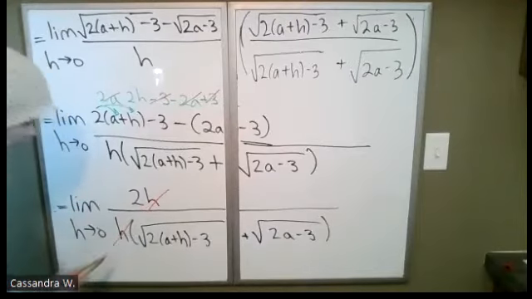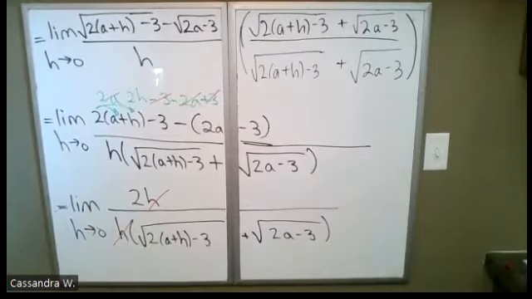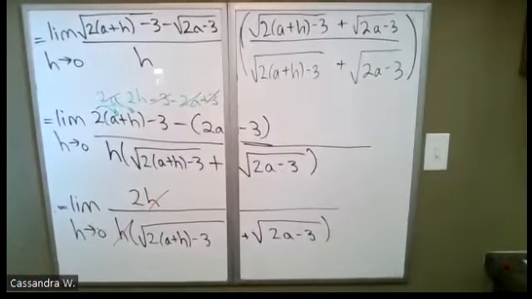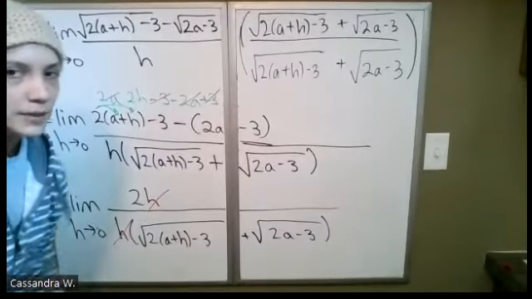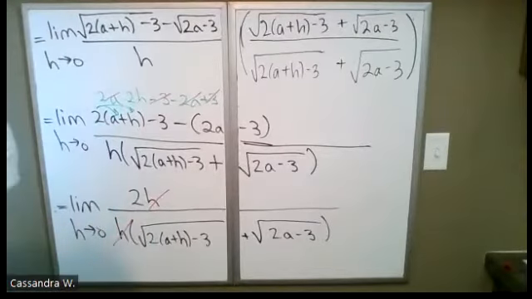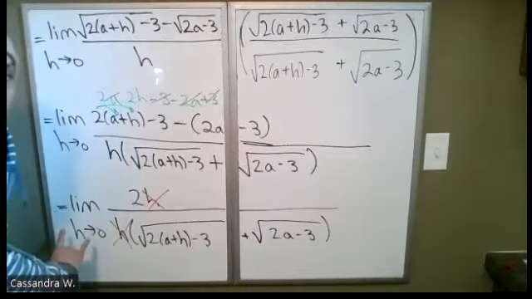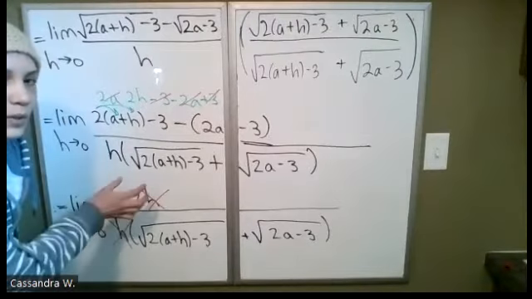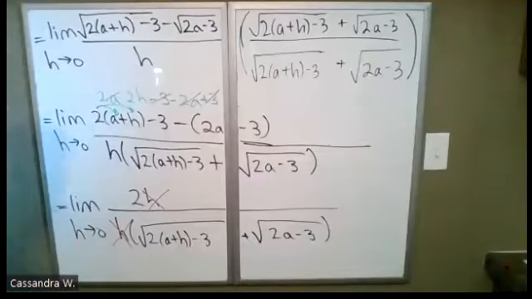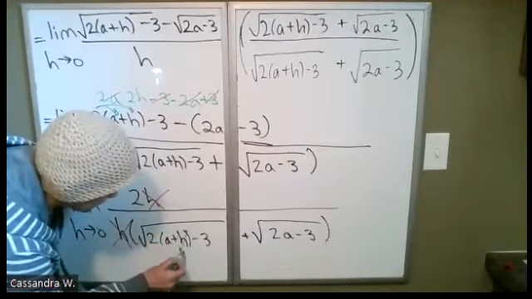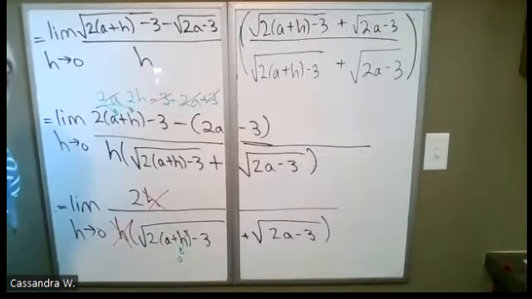Actually, to save some writing, those h's reduce to 1. Cross them out. We're going to let h go to 0 once those other ones have canceled out. So this is an h going to 0, and I think that's it.